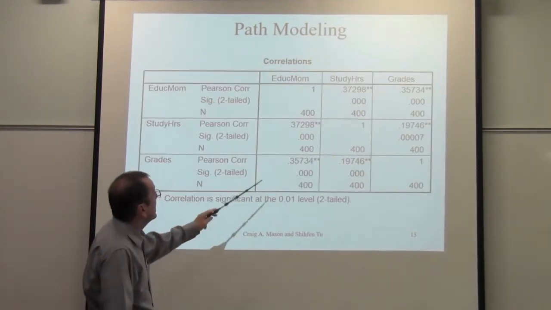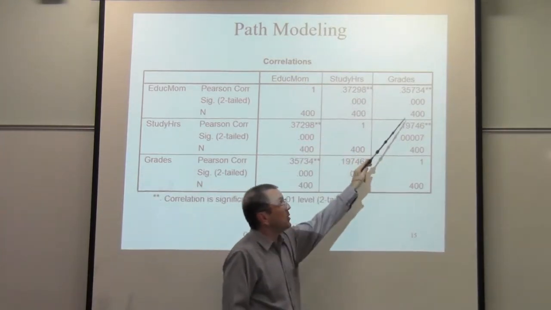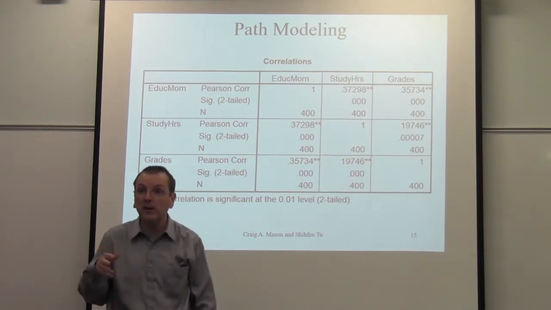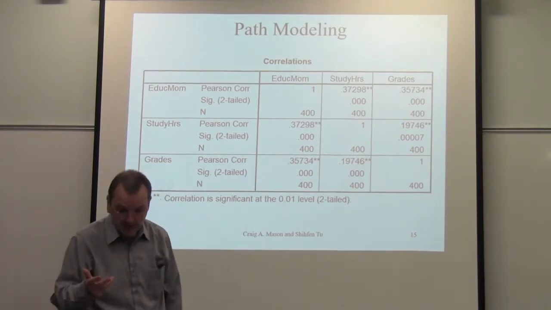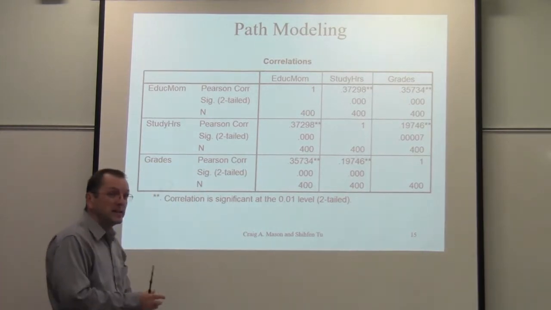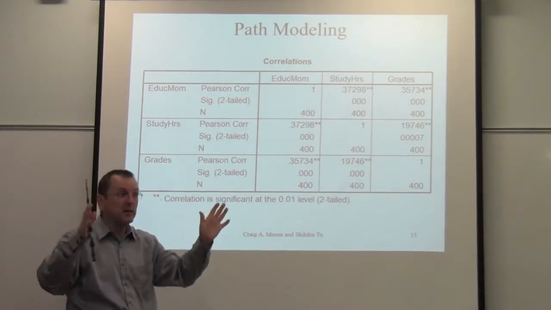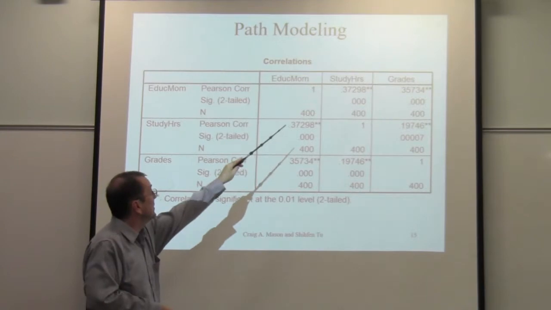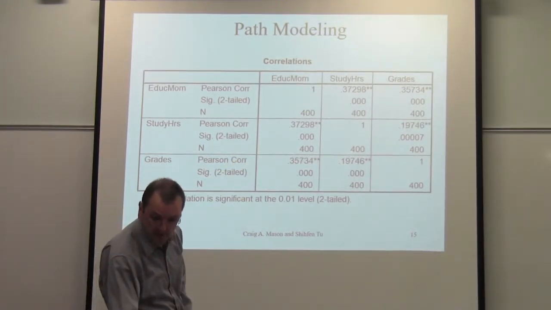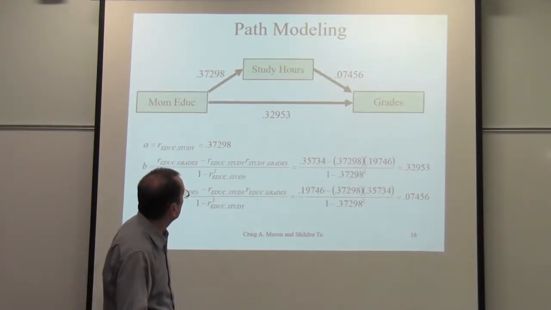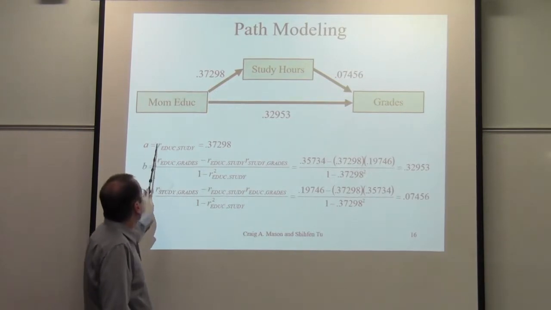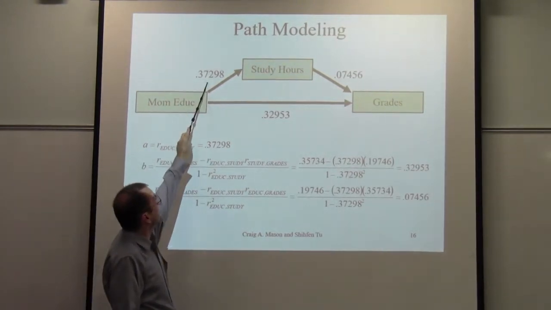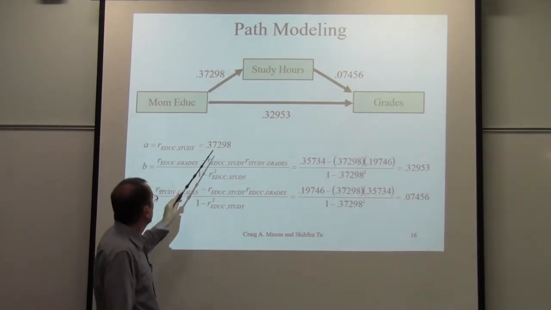So we go back. Notice I've carried a few more decimal places just so that the math will end up working perfectly the way I want in the end, when we get to the big aha reveal in a minute. So there are the correlations between the three variables. A is the correlation between education and study hours, which was 0.37298.